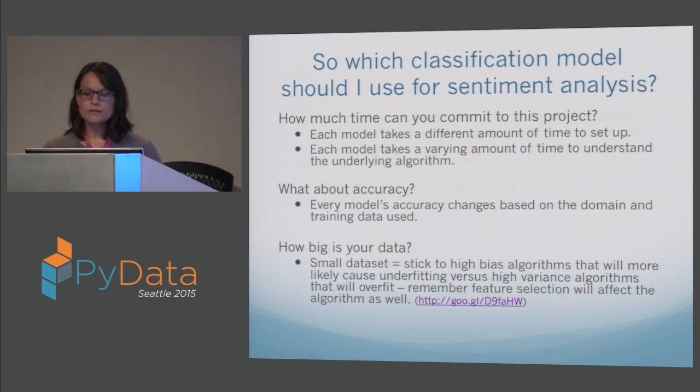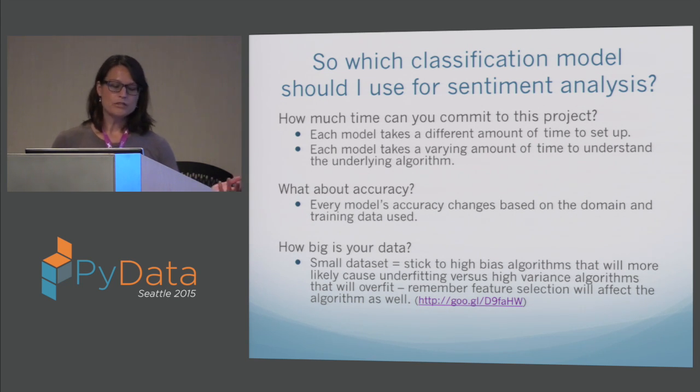So I found that the lexical-based approach is the easiest to understand. You're just matching terms in your text to terms in a dictionary and grabbing the sentiment of those terms. So that's obviously super basic and easy to understand. The Naïve Bayes is probably, I think, the easiest of the probabilistic models to understand, and it does take more time to set up because you have to label your data.